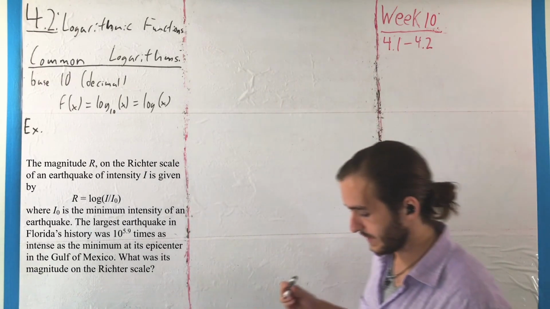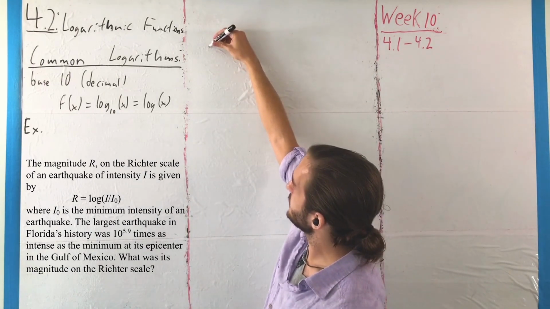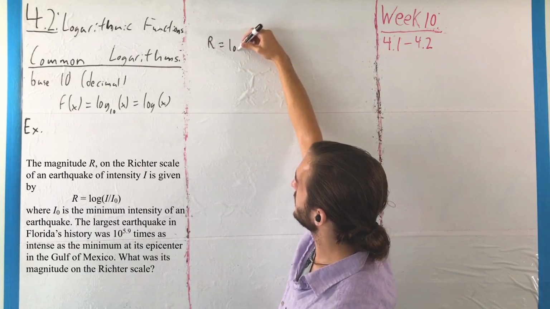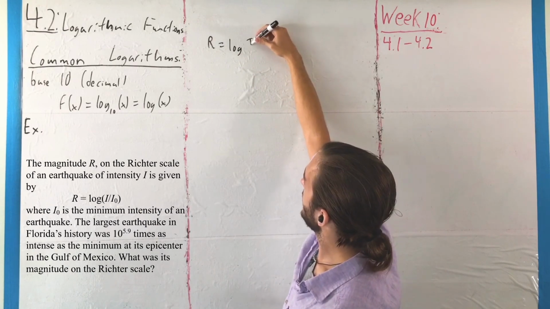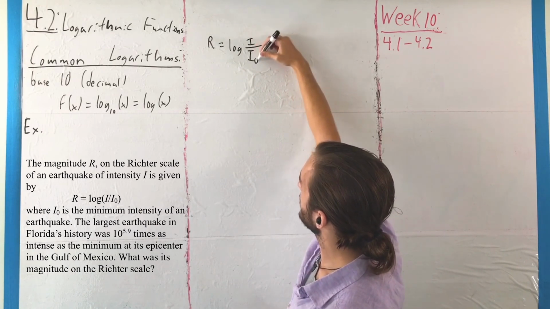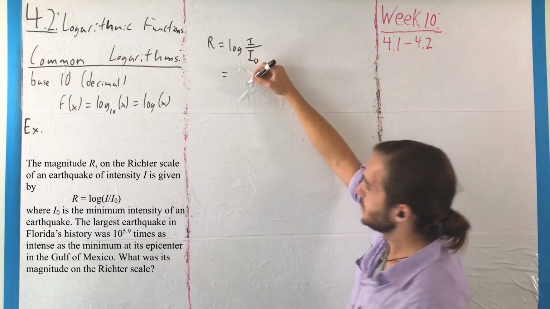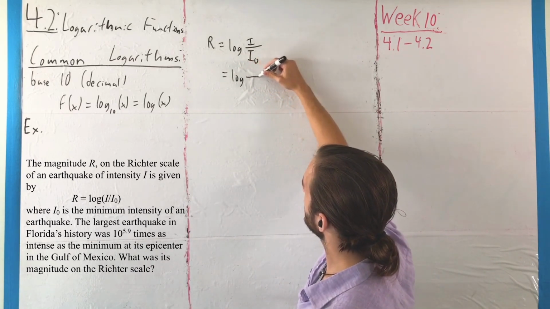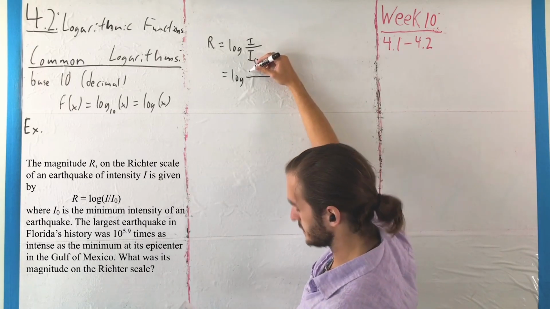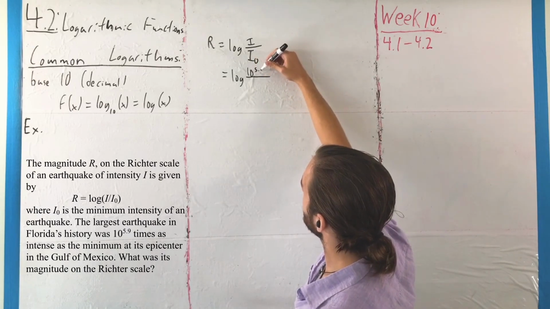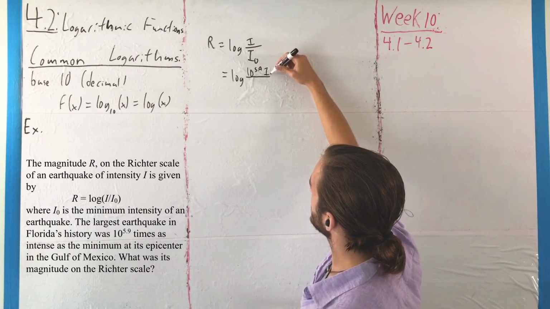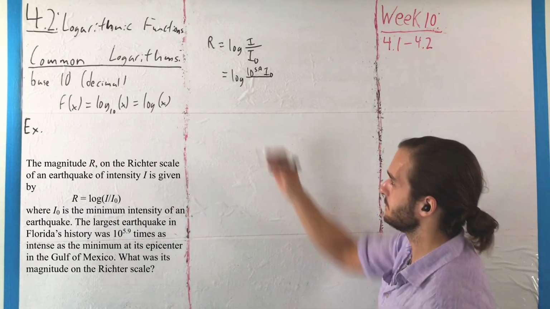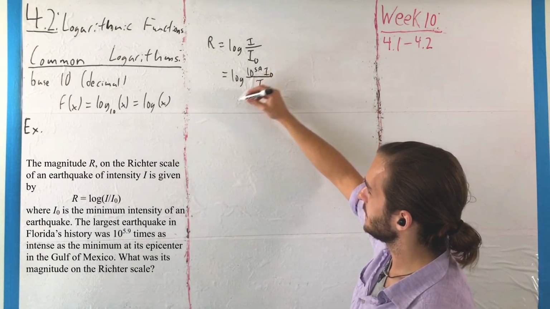For this, we have that the value on the Richter scale, R, is equal to the common logarithm, as we said, of I over that I naught value, where in this case we are told that I is 10 to the 5.9 times I naught, that it is 10 to the 5.9 times stronger than the base of that I naught value.